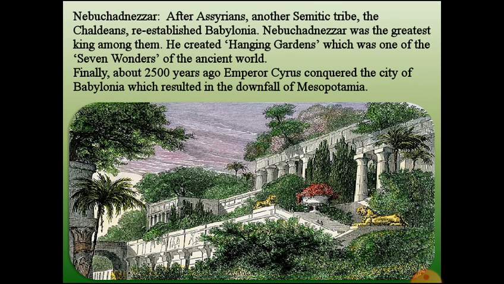Nebuchadnezzar was a very strong king. It is also said that he built the Hanging Garden of Babylon for his wife Media, in remembrance of her, to remind her of her homeland in Persia. And so he built this Hanging Garden.